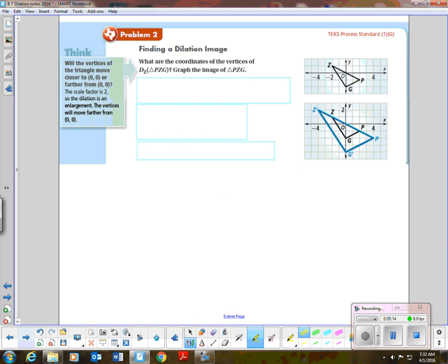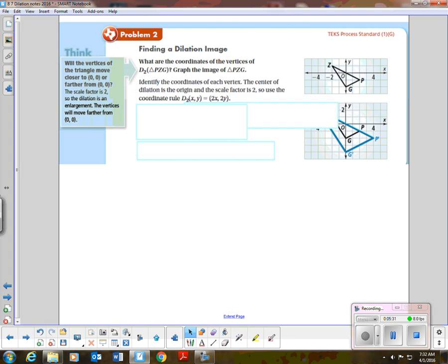All right. So, what are the coordinates of the vertices of the dilation of triangle PGZ? Graph the image of triangle PGZ. So, as we look at this one, identify the coordinates of each vertex. The center of the dilation is the origin, and the scale factor is 2. So we're dilating by a factor of 2.